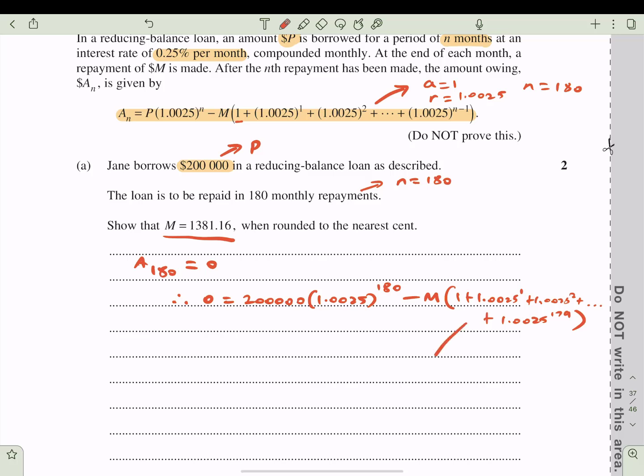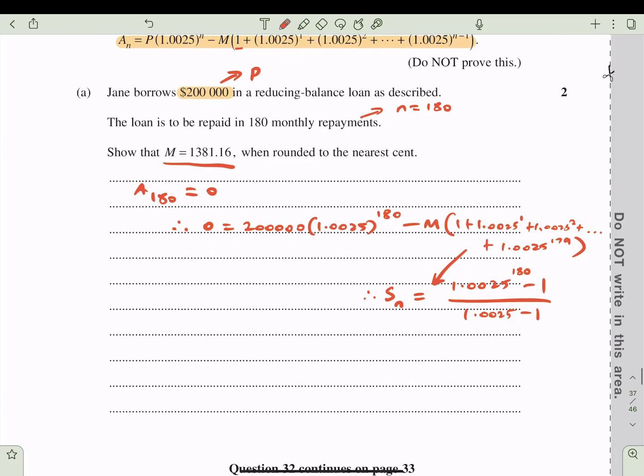So therefore, I can say S_n, my geometric series, equals (1.0025 to the power of n minus 1) over (1.0025 minus 1). And remember, since n is equal to 180, I can just say that's 180. Right? Normally, we would have to multiply this by a as well, but since a is equal to 1 here, we don't need to consider it.